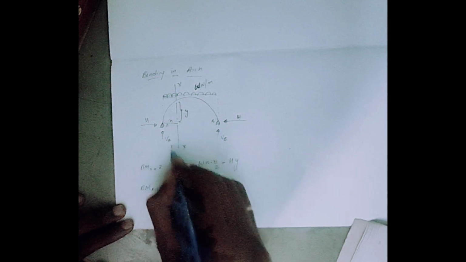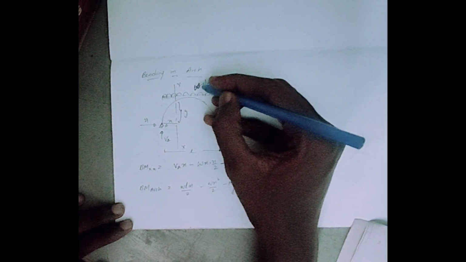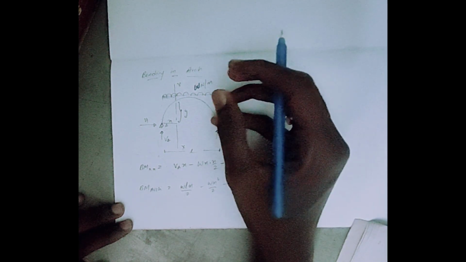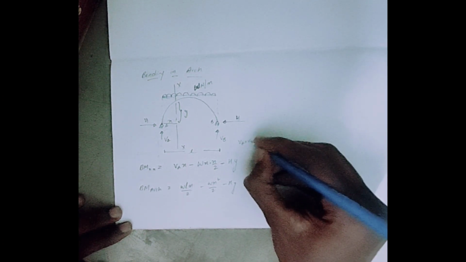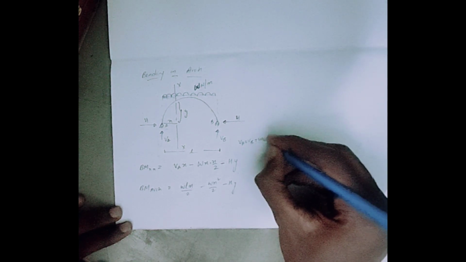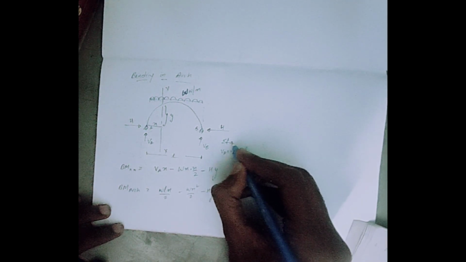If this length is L, then VA and VB are equal to WL by 2. VA equals VB equals WL by 2, which you get from sigma F.